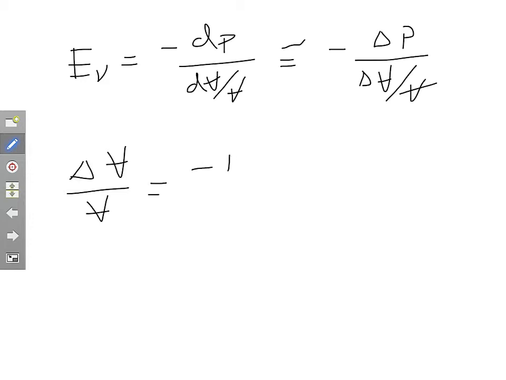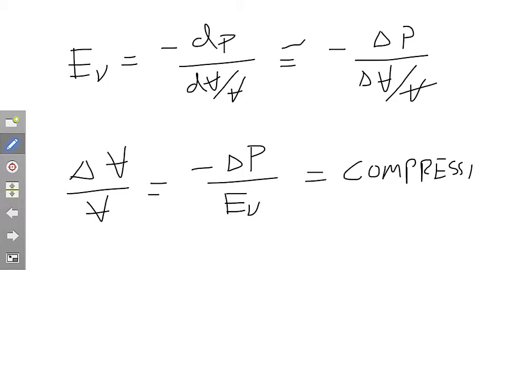So this is going to be the change in pressure over the bulk modulus of elasticity. The compressibility is not the bulk modulus. The compressibility is what happens: the fractional change in the volume as it's applied to the pressure. If this fractional change is small, then we can assume that the fluid is incompressible.